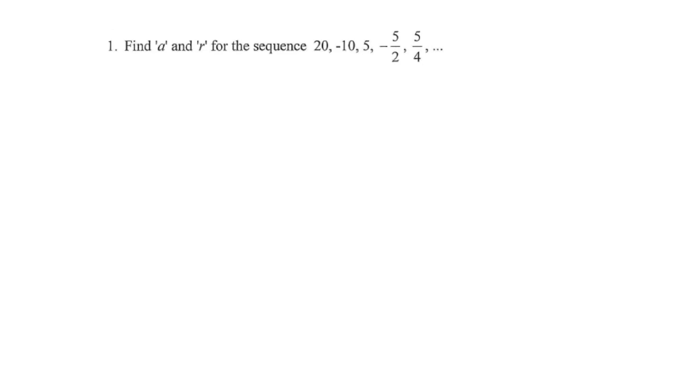So what you see on the screen, I have given you a sequence and I've asked you to find a and r. Now, if this was a test situation, like let's put ourselves in an evaluation situation, as soon as I told you in a question that there is an r, you can assume then that it must be a geometric sequence.